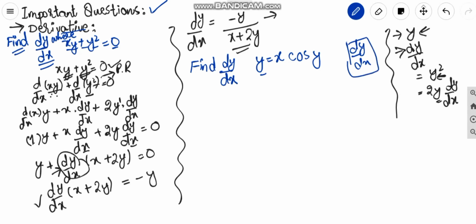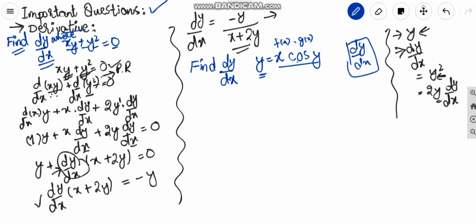So let's start. First of all, here it is y, and here the function, you can see it is a product of two functions. First function is x, we can say it f of x, and second function is cos y, we can say it g of x.